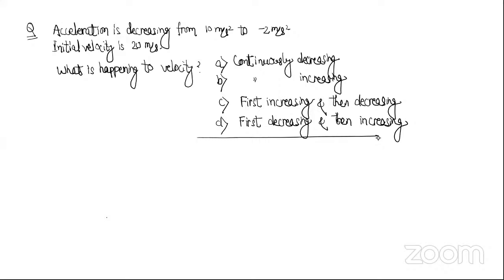Kamlesh, I think one Kamlesh is absent today. There were two Kamlesh in the class. One Kamlesh is present. Kamlesh Sahu. Answer C. C means first increasing then decreasing. Ishwari, Sir, continuously decreasing. Leelavati, continuously decreasing.